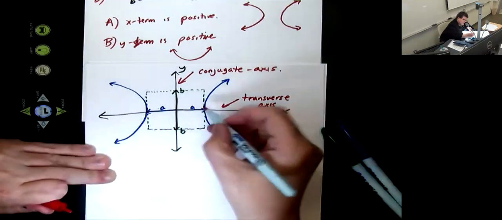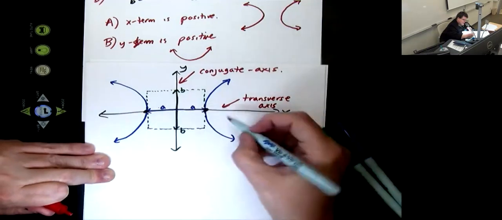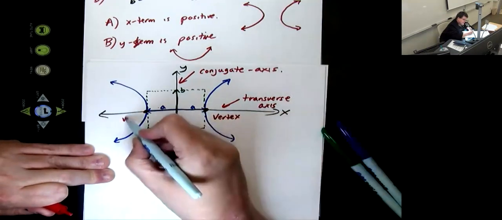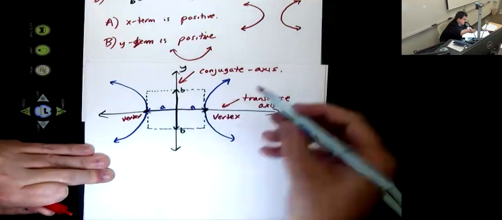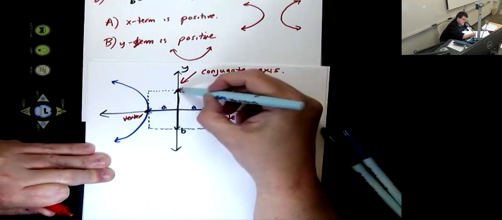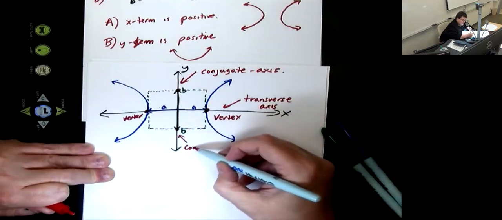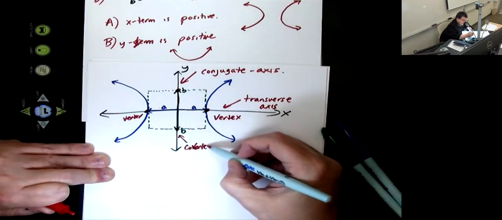These points right here on the transverse axis are still called the vertices. These points are called co-vertices.